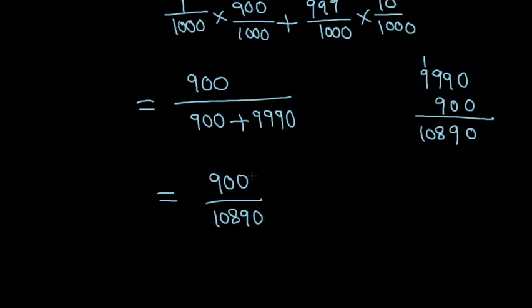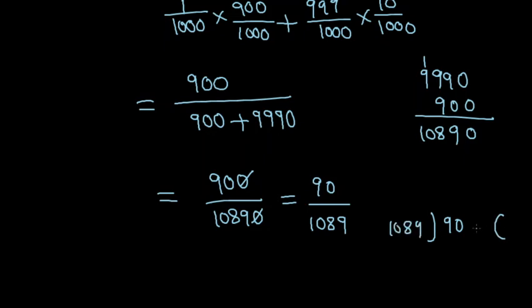Here the zeros cancel, and you'll get 90 by 1089. If I divide 90 by 1089, you'll get 0.08, approximately 0.083.